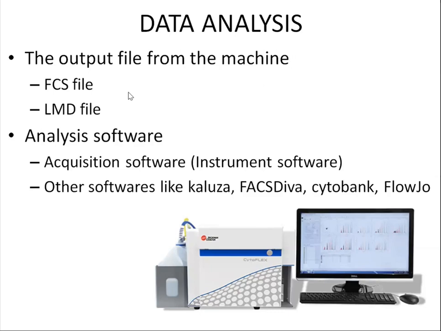Whenever you want to share a flow cytometry case with your colleague or someone for an opinion, you will be sharing only these files. It is called the FCS file. FCS stands for flow cytometry standard.